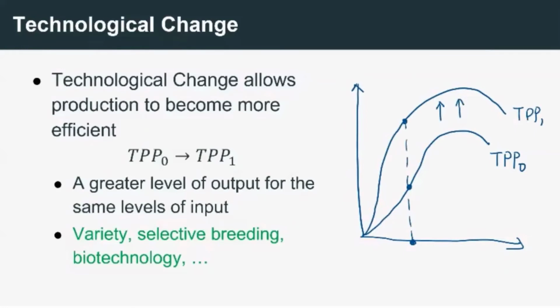Examples of technological change include better varieties so that you get higher yields, or in animals that could be selective breeding, or it could be biotechnology. For example, the Bt variety for corn or soybean has much higher yield.